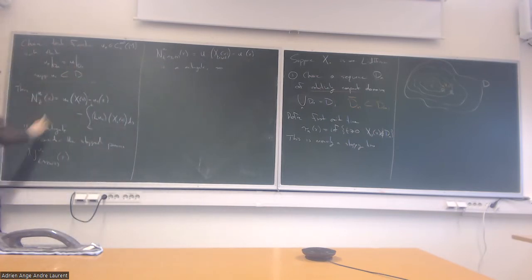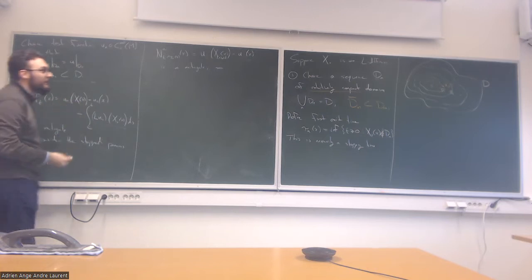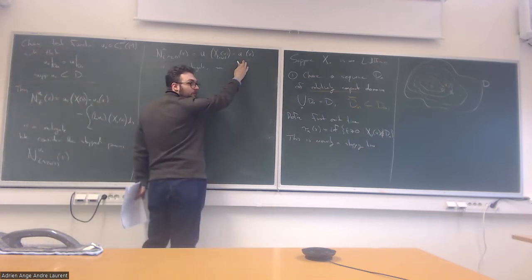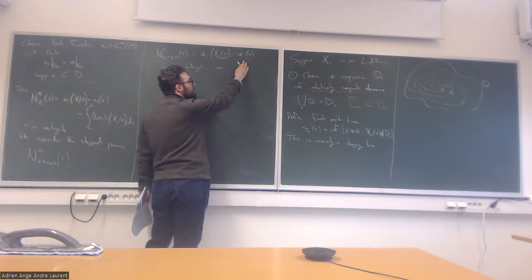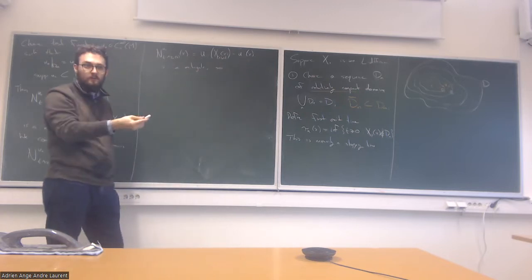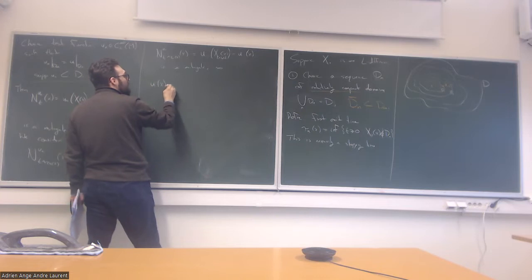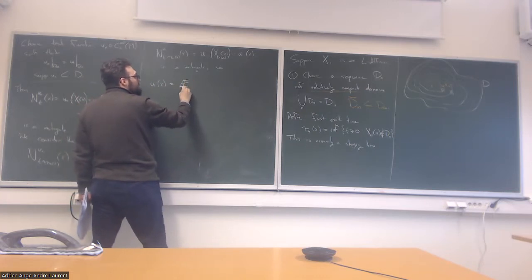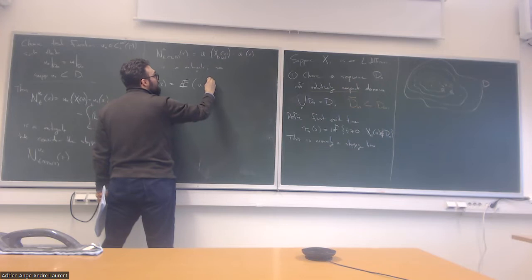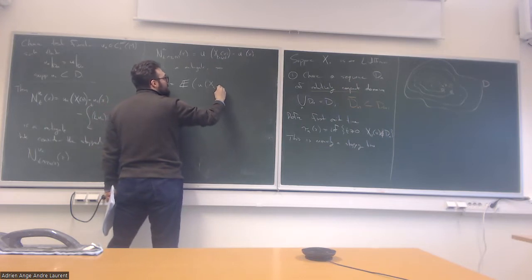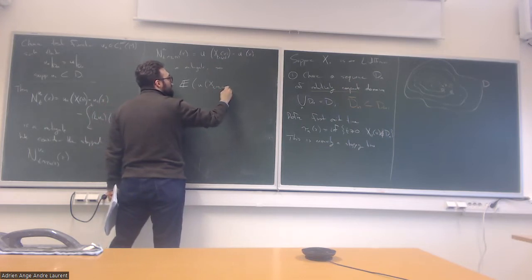If we take expectations, the expectation of u of x is not stochastic; it's just u of x. So u of x equals the expectation of u of X_{t wedge tau_n}.